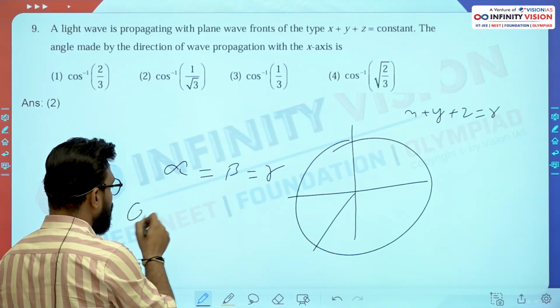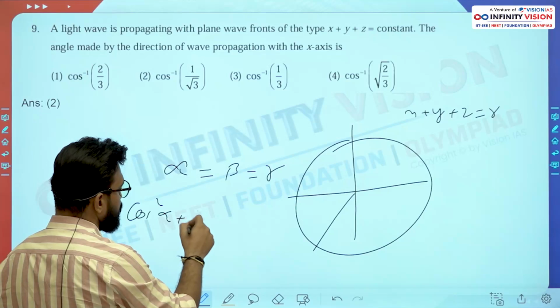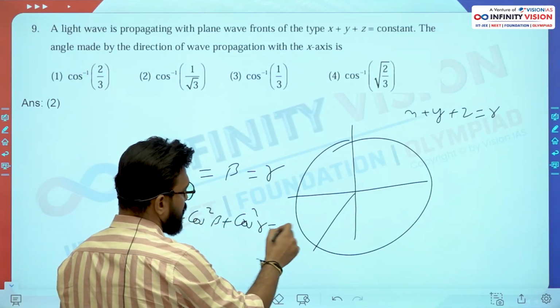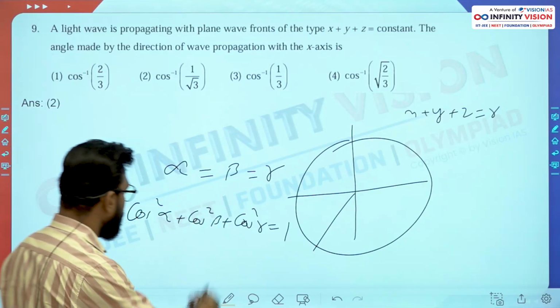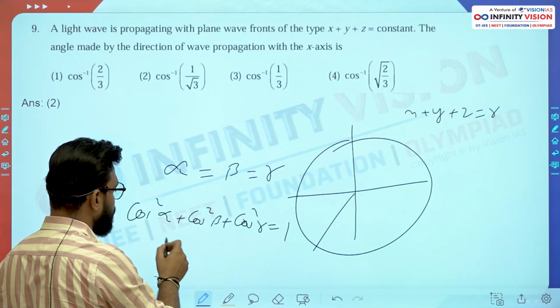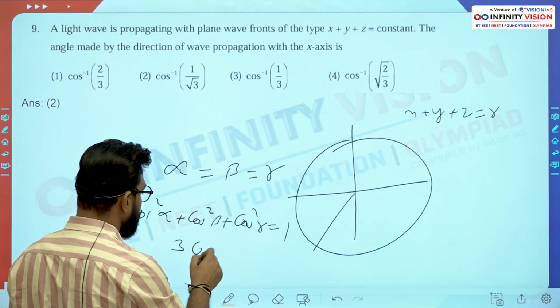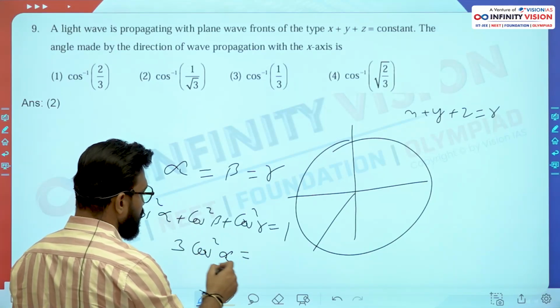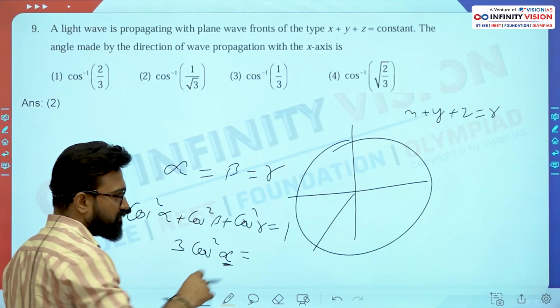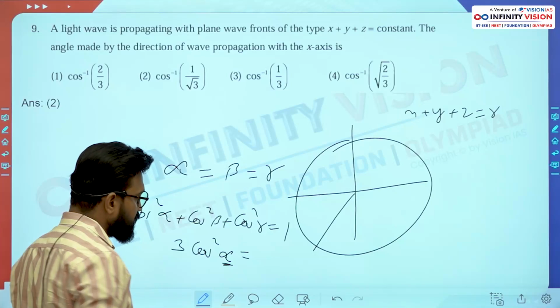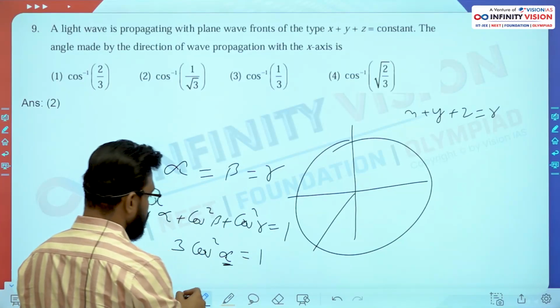And from the cosine law, cos square alpha plus cos square beta plus cos square gamma is always equal to 1. Now since all these three are equal, this would be thrice cos square alpha, which is equal to 1.